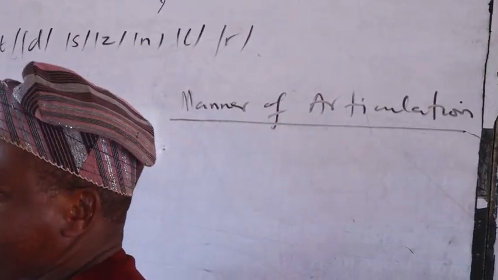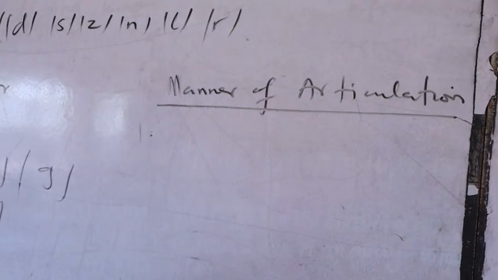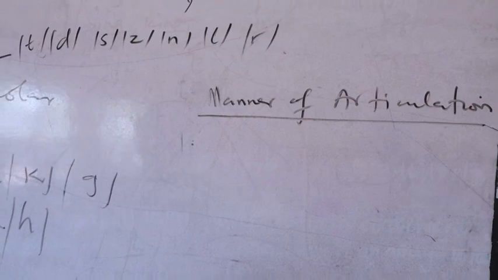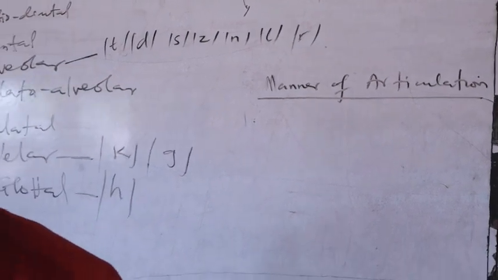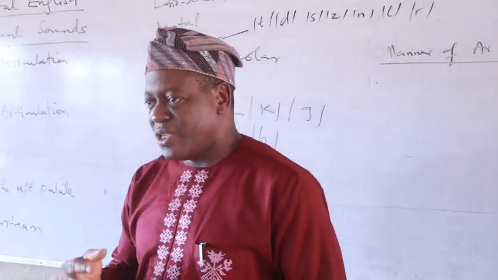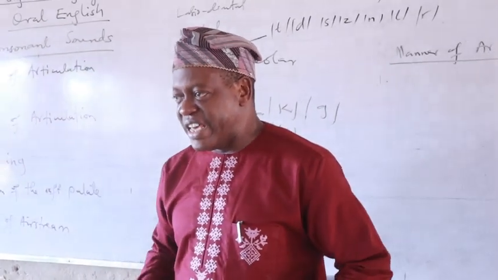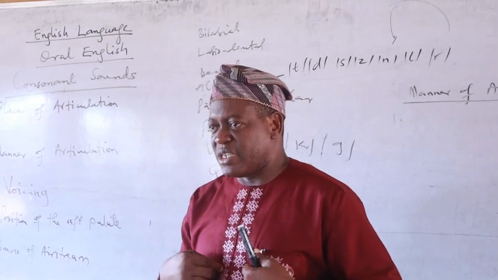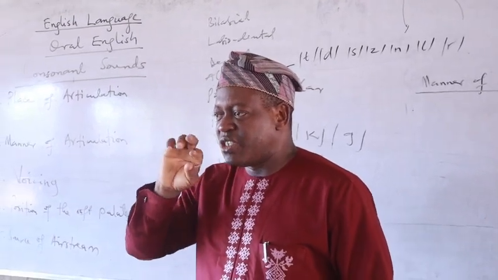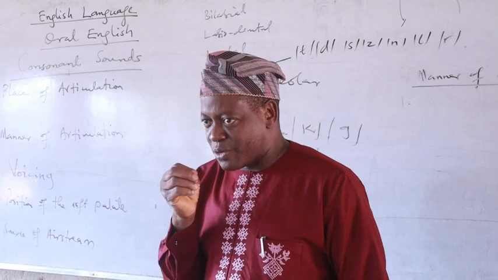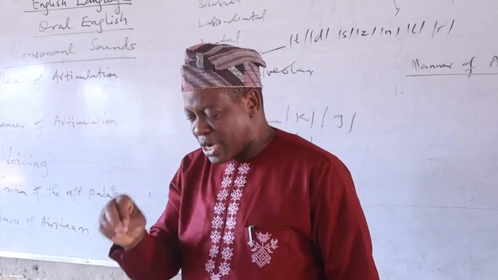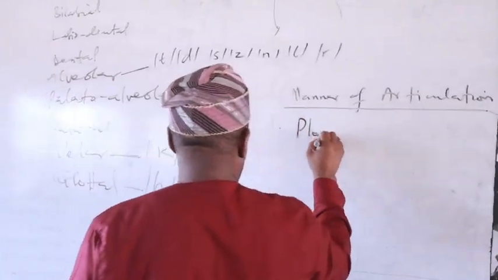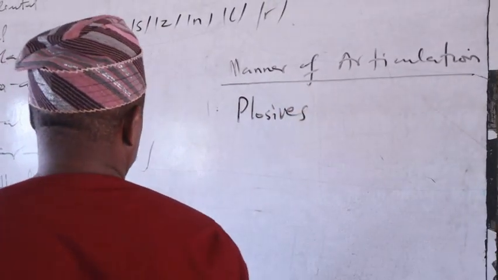Now, when we say manner of articulation, in producing that sound, how does air escape from your mouth? In what way does the air that is coming from the lungs, that the organs of speech twist in your mouth, how does the air now come out? We have plosives.